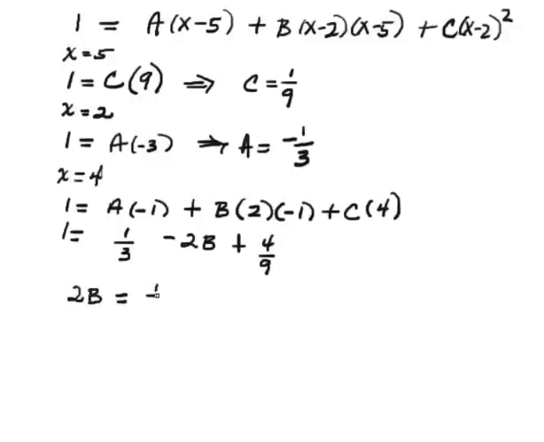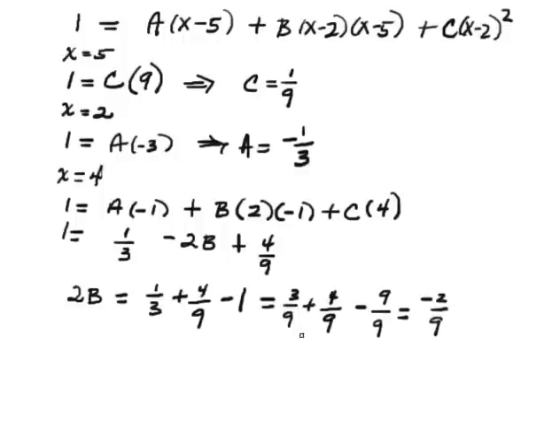So I have 2B is equal to 1/3 + 4/9 - 1. Just subtract that 1 from both sides. All right, common denominator of 9. So here we have 3/9 + 4/9 - 9/9. So that's equal to 7/9 - 9/9. That's -2/9. Divide both sides by 2, and we have B is equal to -1/9.